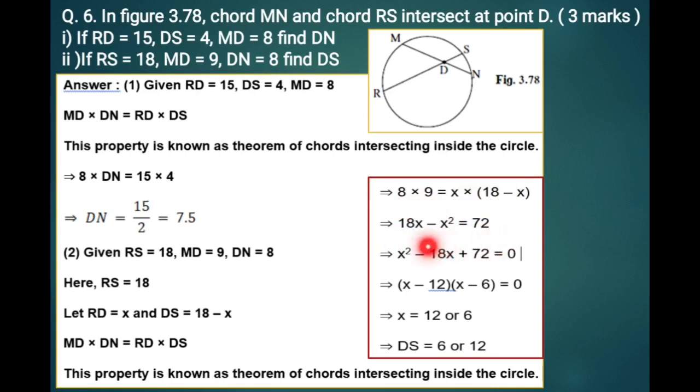Now transferring both terms, we get x square minus 18x plus 72 equals 0. This is a quadratic equation. We factorize it: 12 sixes are 72 and we require minus 18, so we take the factors minus 12 and minus 6. That implies x equals 12 or x equals 6. So DS equals 6 or DS equals 12.